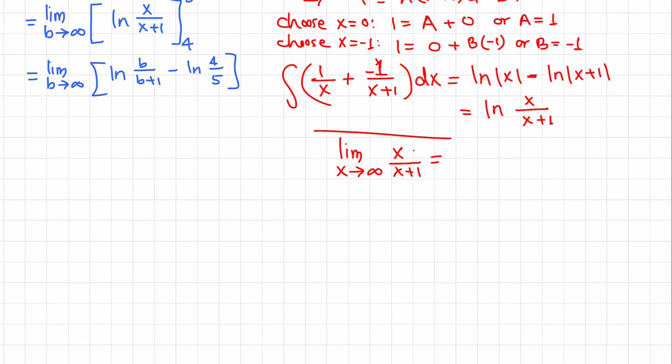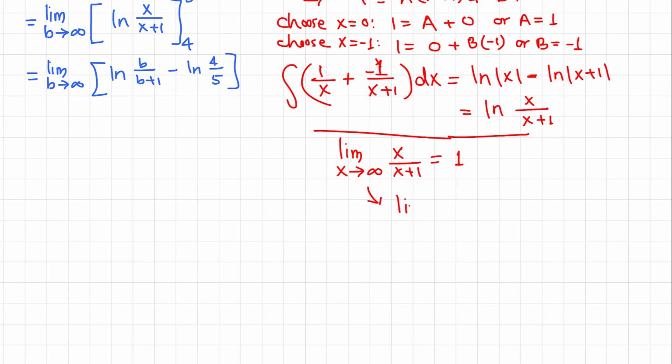So this is going to be 1, and this is going to be 1 plus 1 over x. And when x goes to infinity, 1 over infinity is 0. To find this limit, the easiest way, this is a polynomial divided by a polynomial, degree 1 over degree 1. That means the ratio of the leading coefficients, since we have the same degree on top and bottom. So 1 over 1, so this limit is 1.